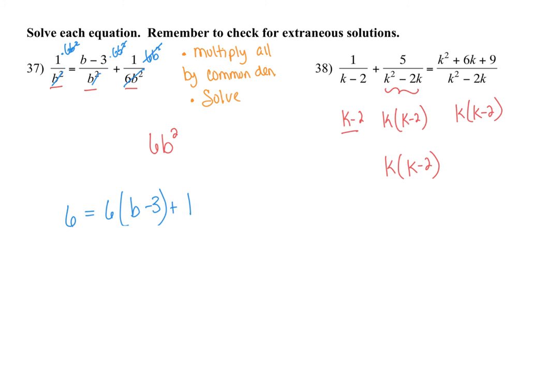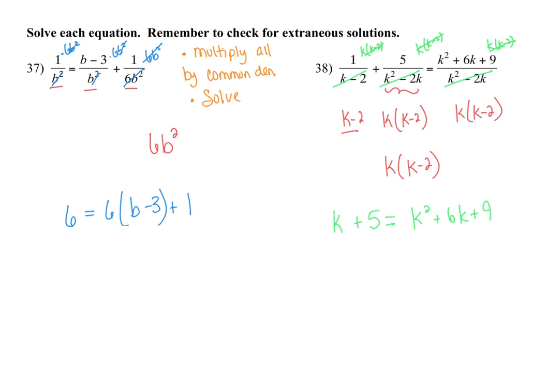The same thing actually happens on the other side, and it looks like it would be way more complicated, right? But it's really not. If I multiply this by k and k minus 2, that cancels. I'm left with 1 times k. Plus, if I multiply this by k and k minus 2, actually the entire thing cancels, and I just have a 5. Over here, if I multiply this by k and k minus 2, this whole thing cancels and I have this polynomial.